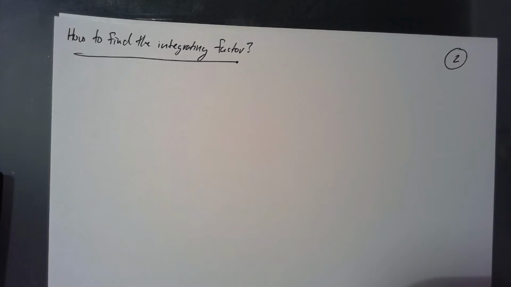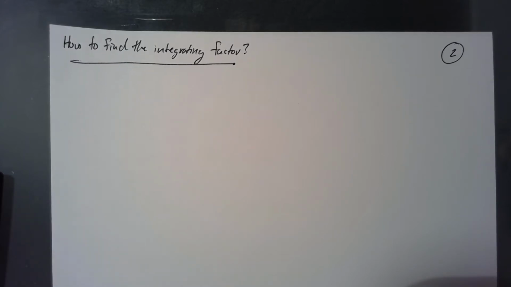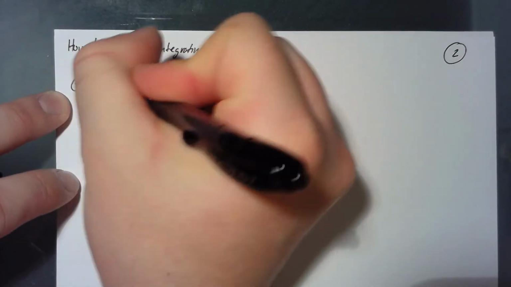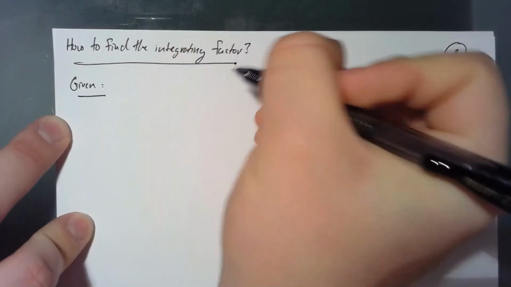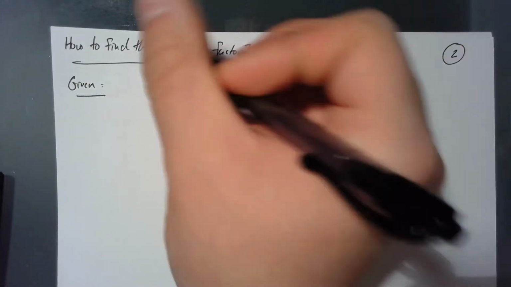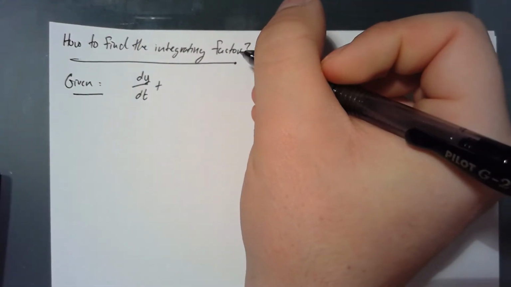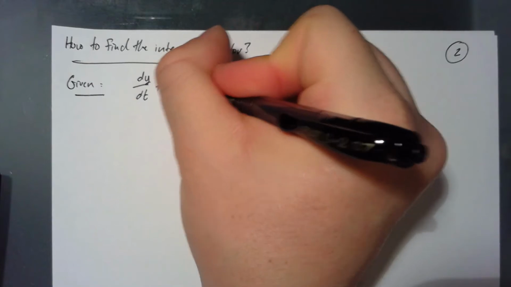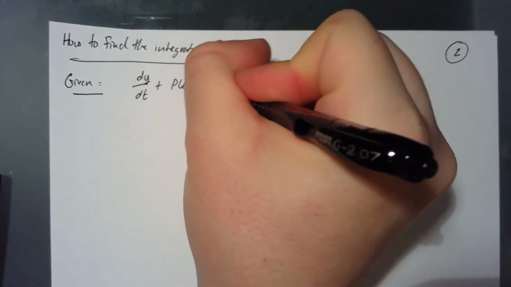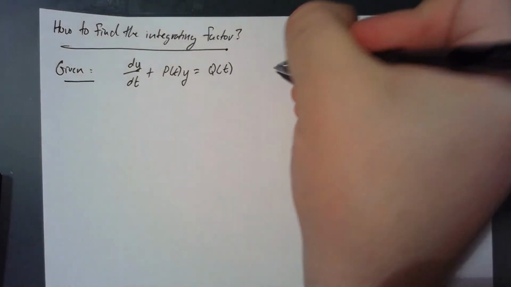Well, if I have my first order linear ODE in standard form, and you've got to get familiar with this, it's dy/dt plus P of t times y equals Q of t. All right? That's my standard form.